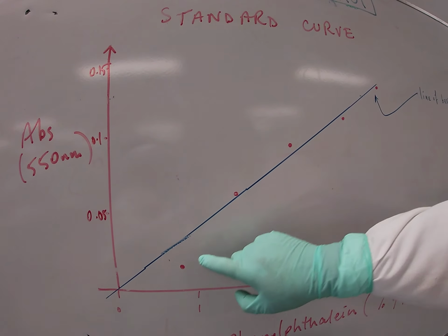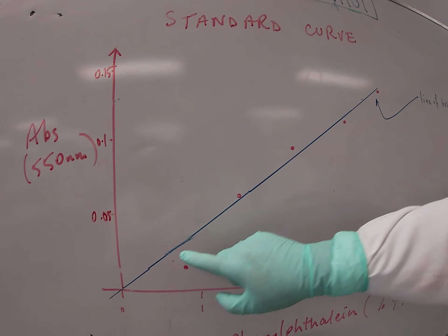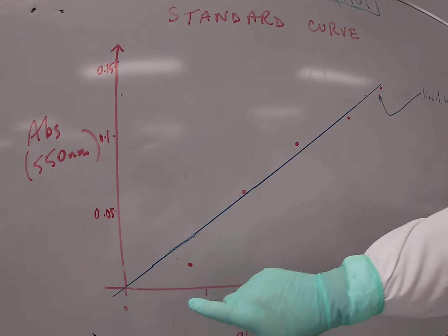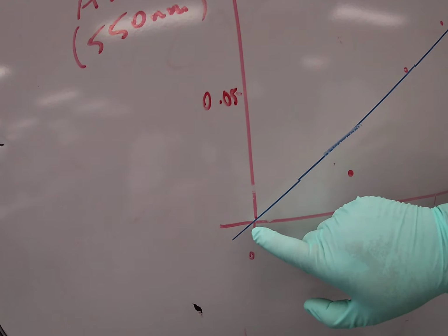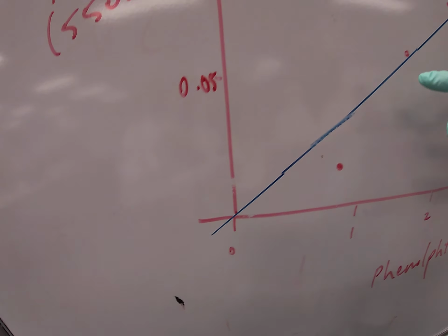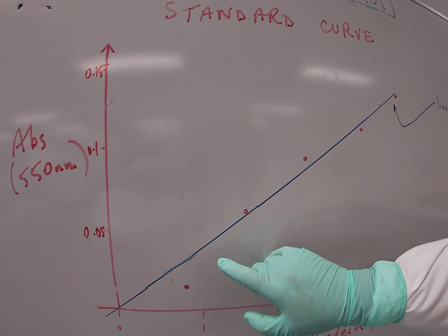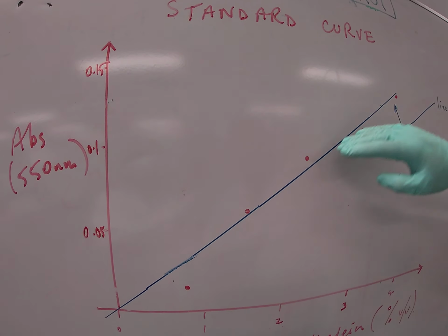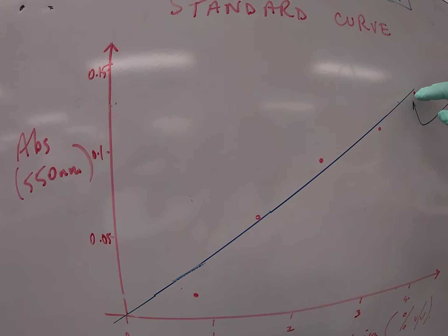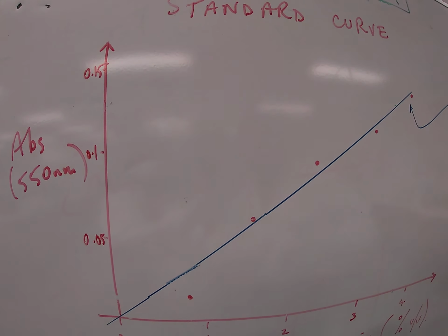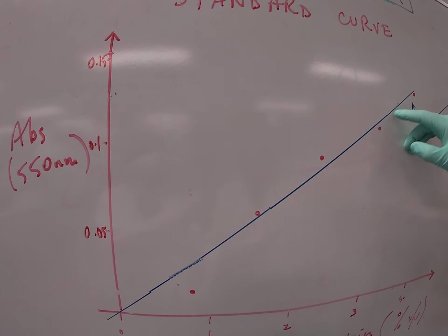After we've plotted all those points, we then draw what is known as a line of best fit. In this case, the line of best fit will actually go through the origin, and does not necessarily have to go through every point. It shows a rough estimate that if this experiment was done numerous times and you took the average, most of those points would line up on that line.